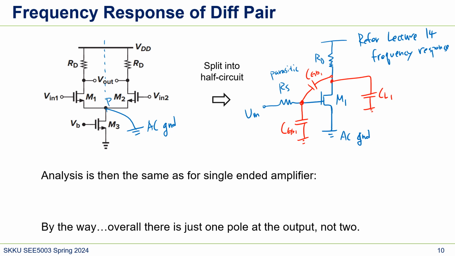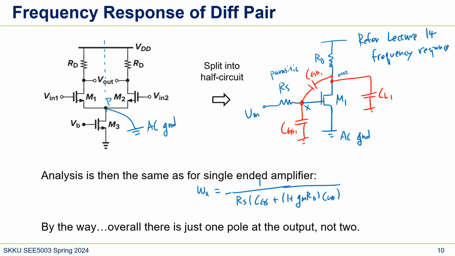So the answer is the same. We do have a pole at node X, and let's say this is out. Pole X: we have to consider the Miller effect, and you can get this answer from lecture 14. It is CGS plus (1 plus gm RD) times CGD.